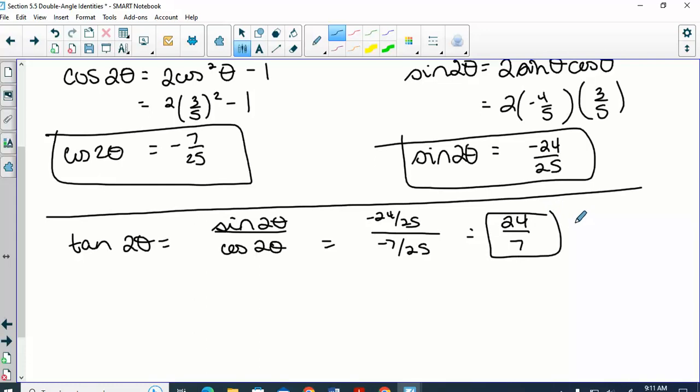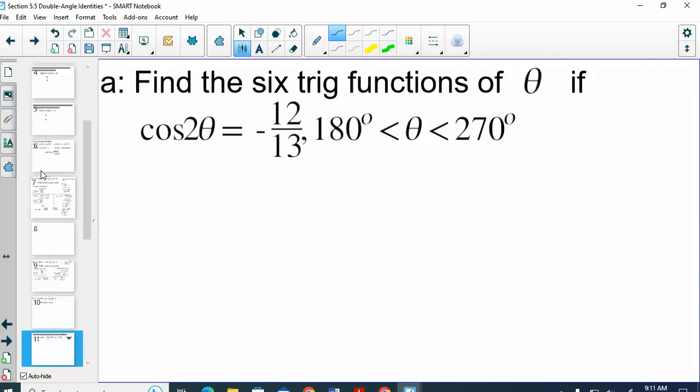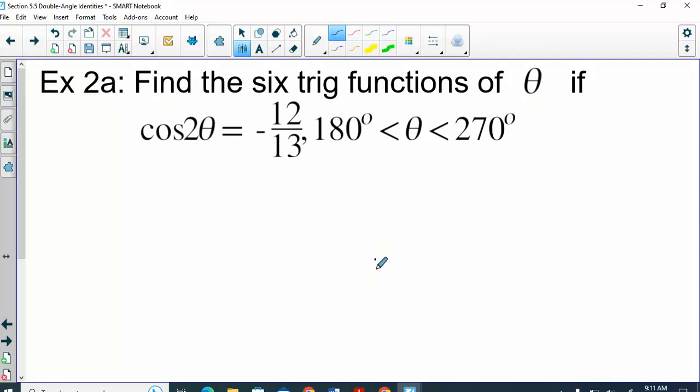You get 24 over 7. Is that one okay? Let's go to this example.